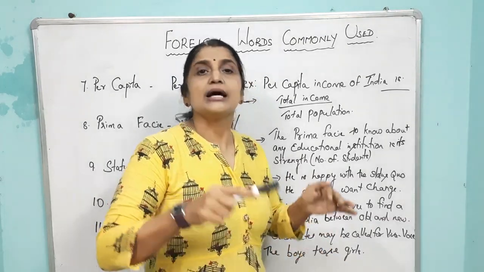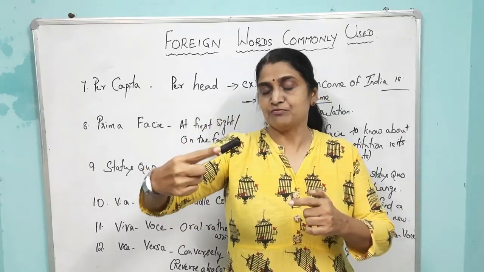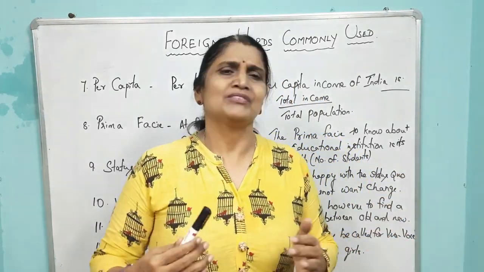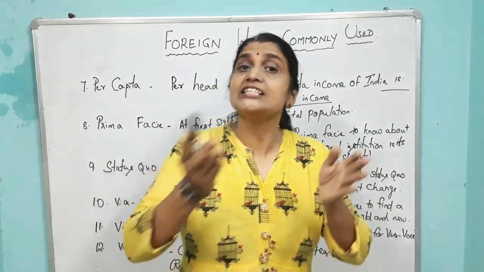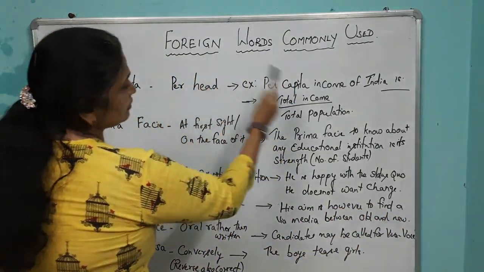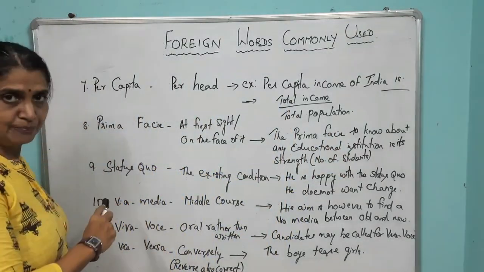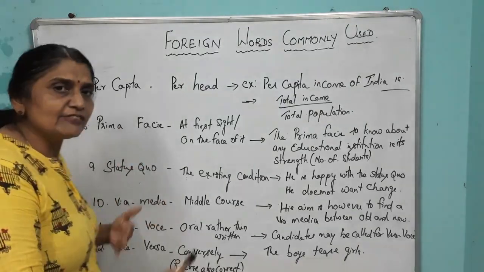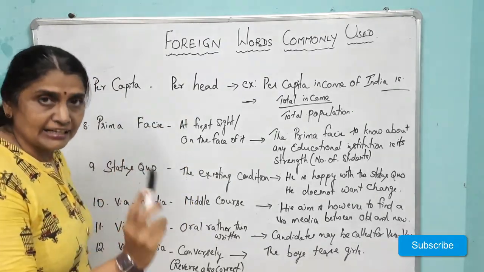Based on the number of students studying in an institution, you will judge whether it's a popular institution, whether it's a hi-fi institution or a very average institution. Everything you decide based on its strength. So that is the first sight judgment of the institution. That's what we say, prima facie. All these words we will use frequently in the English language. All these words are Latin words.